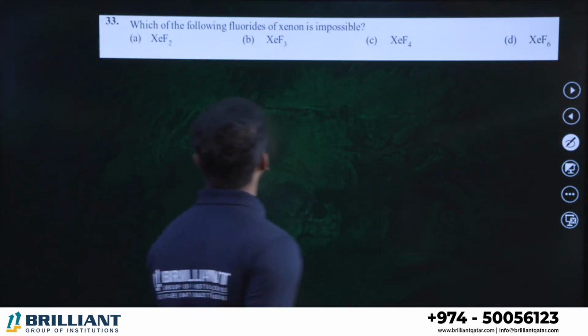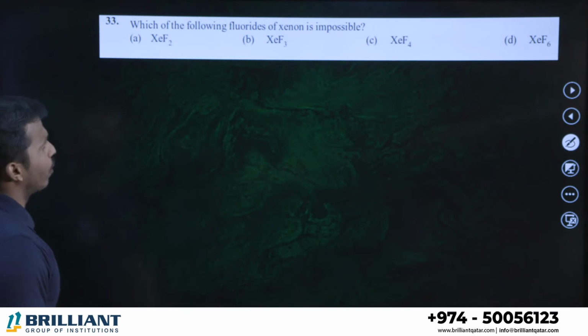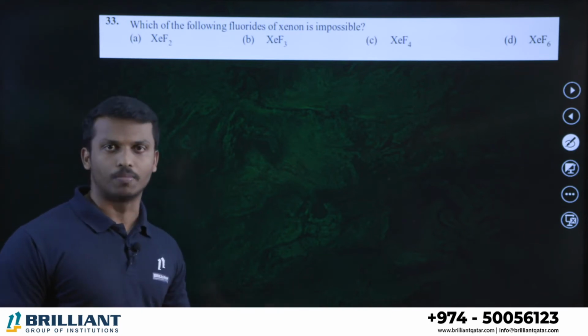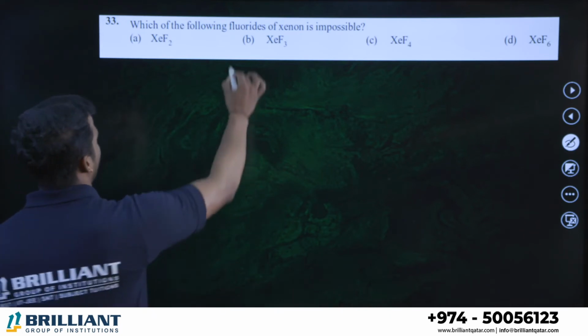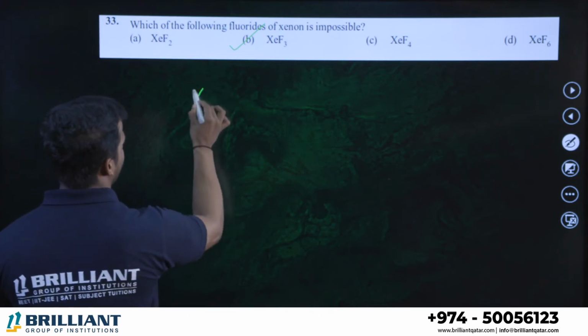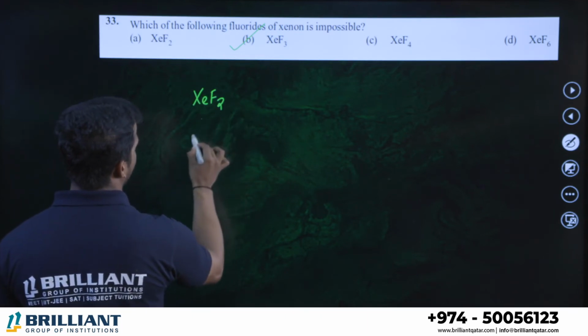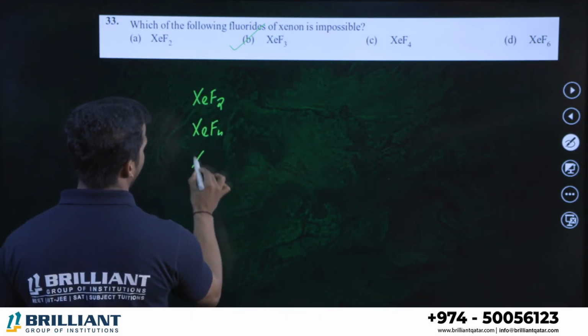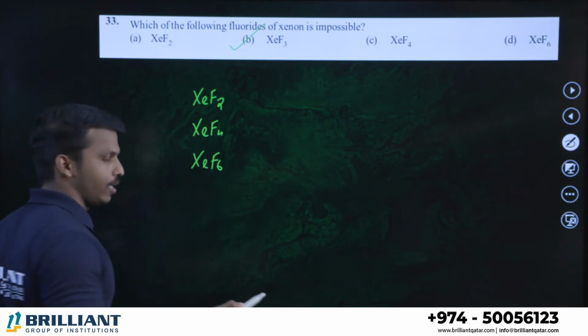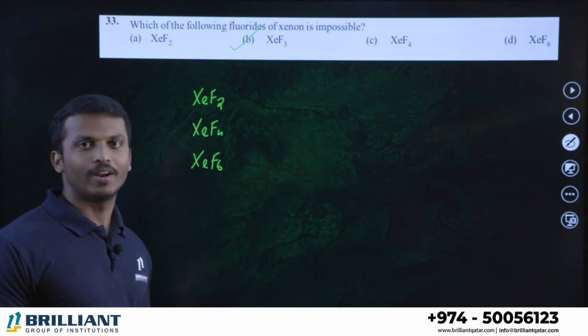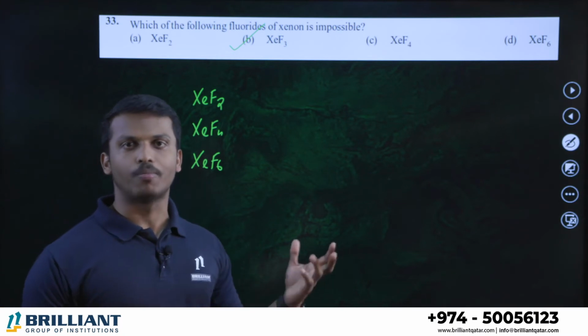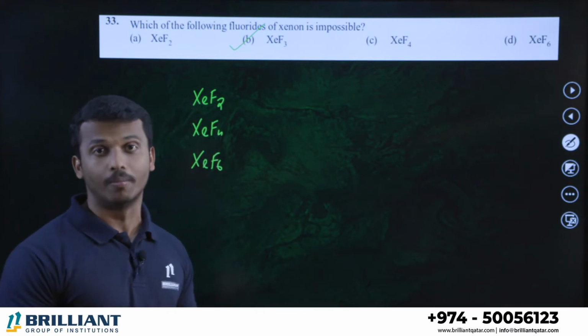Next question. Which of the following fluorides of xenon is impossible? Very simple question. What is that? B. Dear students, xenon compounds, you know, are very familiar: XeF2, XeF4, XeF6, etc. These are easy ones. It can form even numbers. Xenon tries to make bonds with an even number of fluorine, not odd number.